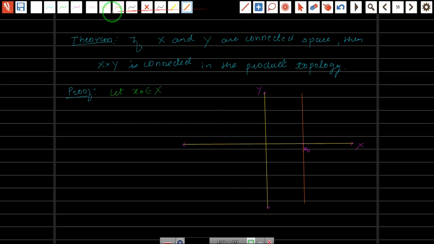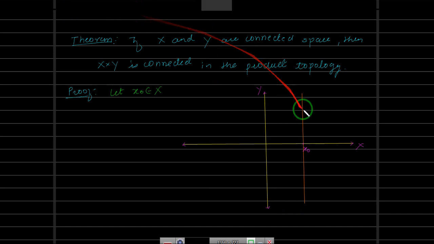We are taking all those points on the line which passes through x0 and is parallel to the Y axis. The x coordinate of all those points is fixed, and the y coordinate varies over Y. In R2, this line will be x0, which is fixed, and y varies over Y. So this entire thing is x0 cross Y.